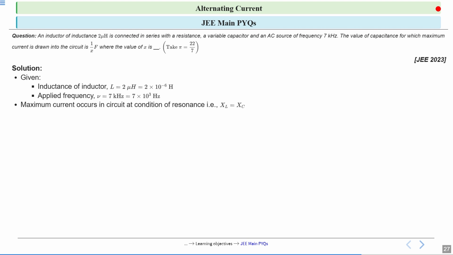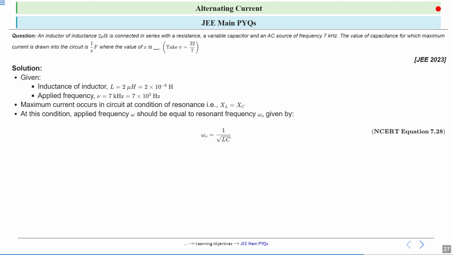So at this condition, the applied angular frequency omega should be equal to the resonant frequency omega naught. Comparing XL equal to XC, omega naught L equals 1 by omega naught C, and from there omega naught comes out to be 1 by root LC, according to NCERT equation 7.28.